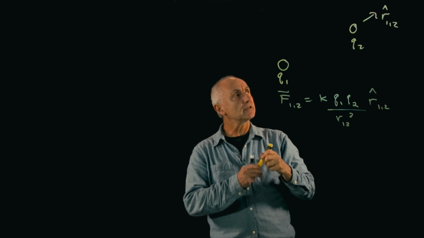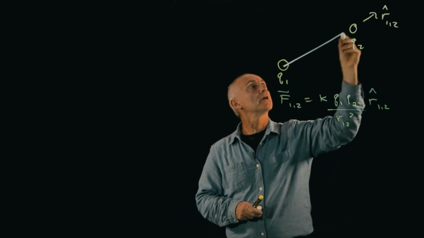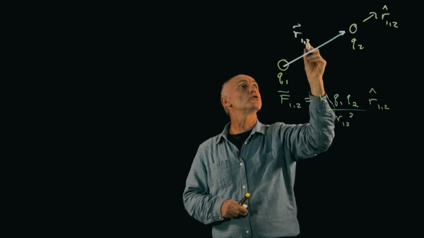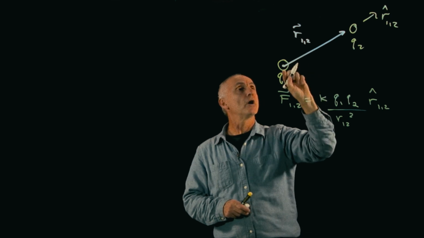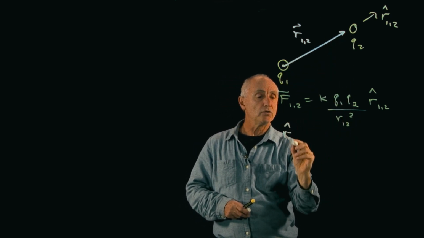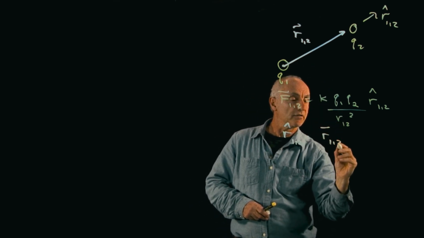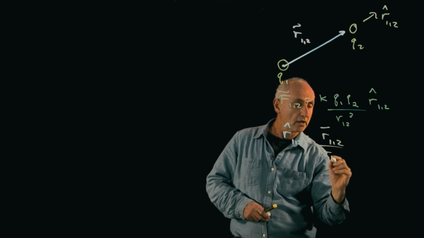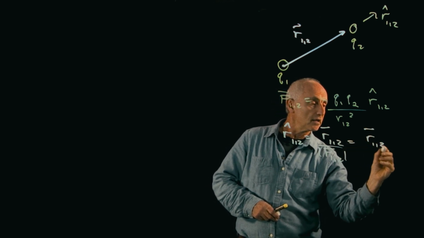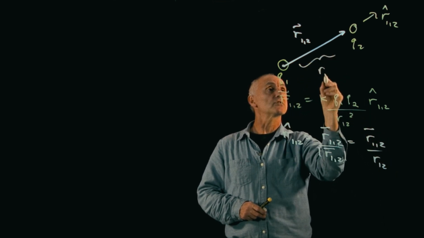And we'd like to make one more version of it. Let's write the vector R12. This is the vector from object 1 to object 2. We know that the unit vector is equal to the vector divided by its magnitude, and the magnitude of that vector is what we're denoting as R12, this distance.